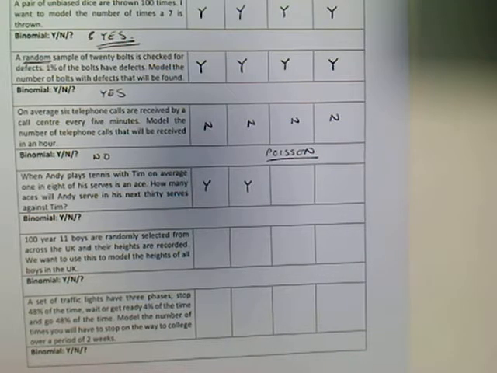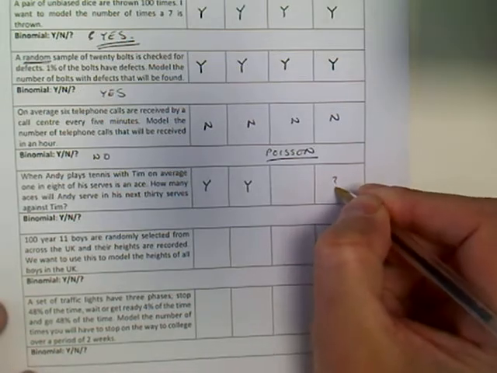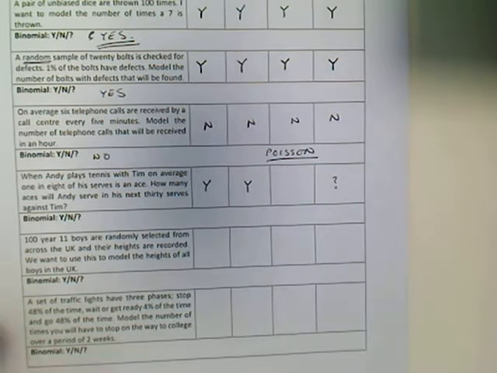It may be that towards the end of a match he's getting tired and his form drops off. It may be in the middle of a match, once he's got warmed up, the number of aces goes up. So I think there is a question mark about whether these trials are independent.